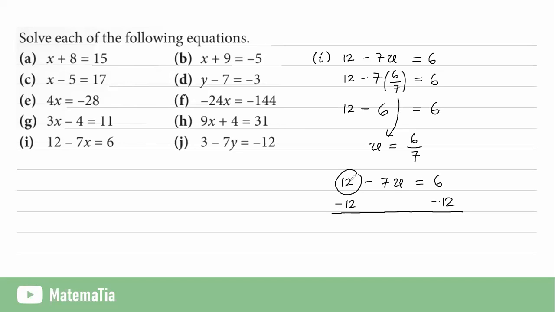So here we have 12 minus 12 is equal to 0. It's okay if we don't write the 0 here. We only need to write negative 7x is equal to 6 minus 12, so it's equal to negative 6.